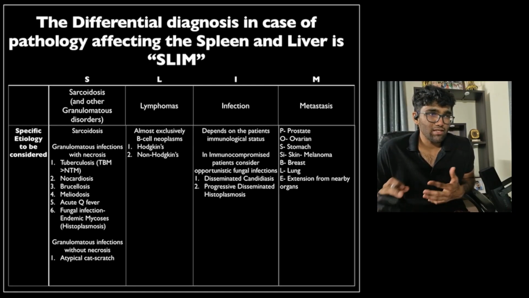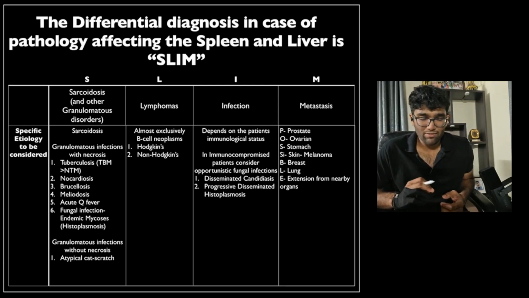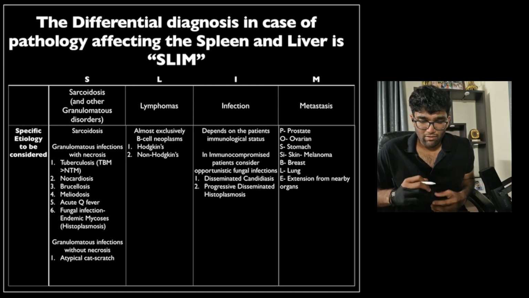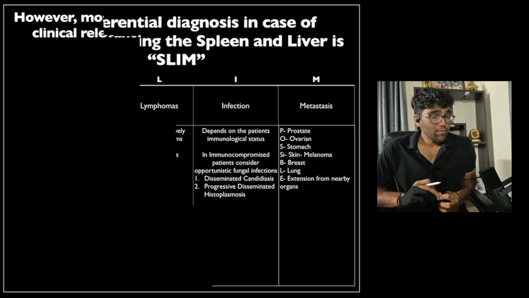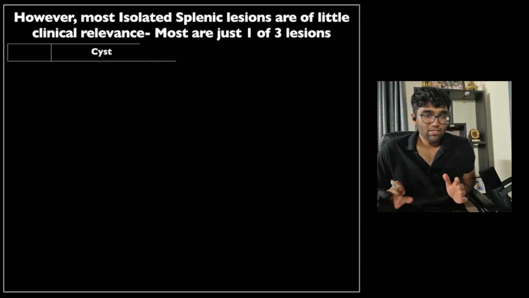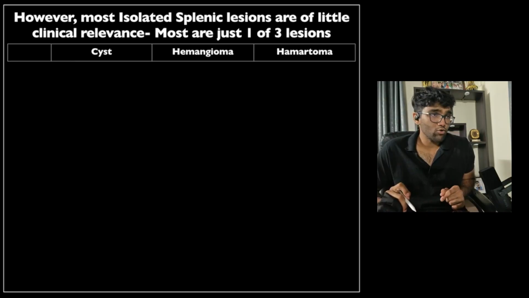Obviously the liver and the spleen are right next to each other, so say locally advanced malignancy around the cardia of the stomach might affect both. Now, however, in almost all cases, isolated splenic lesions are of little clinical relevance. Most of these lesions are just one of three lesions, that is a cyst, a hemangioma, or a hematoma.